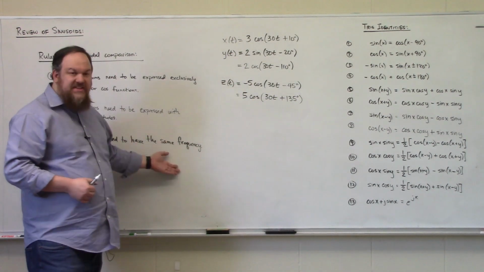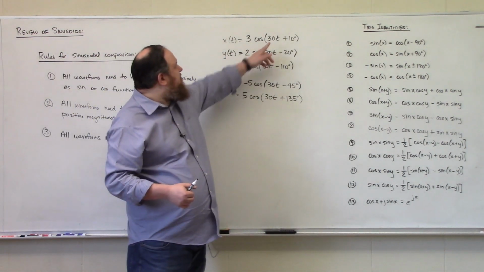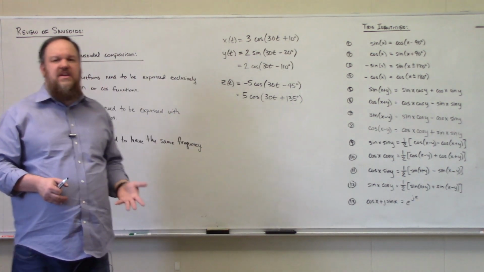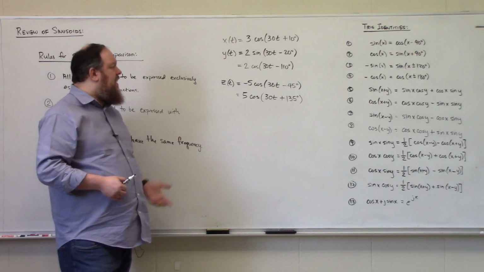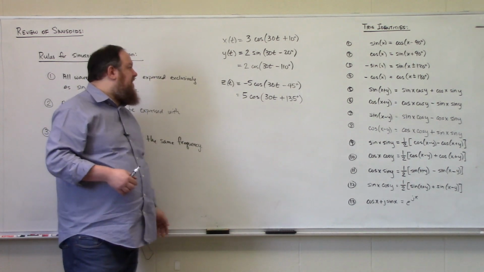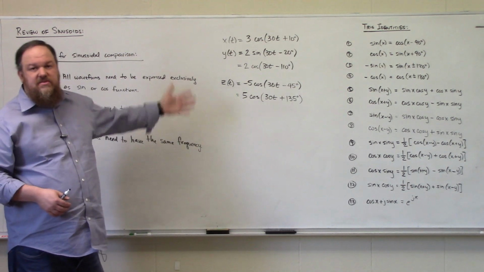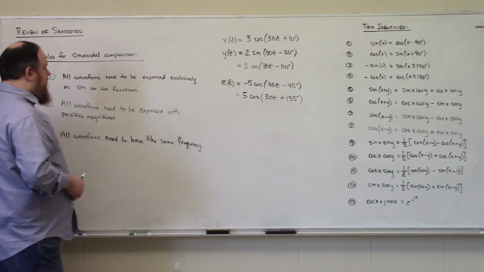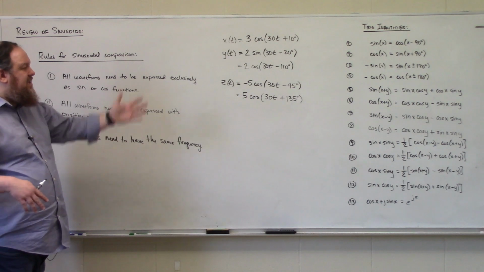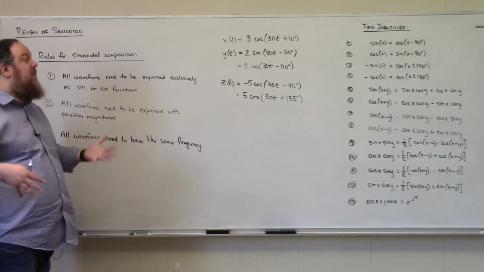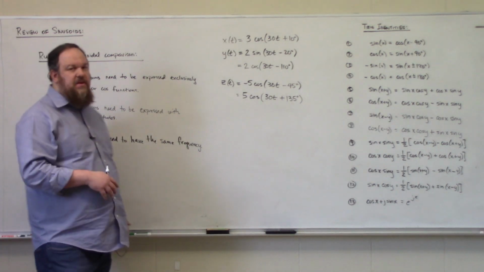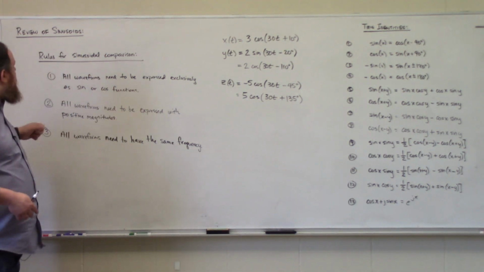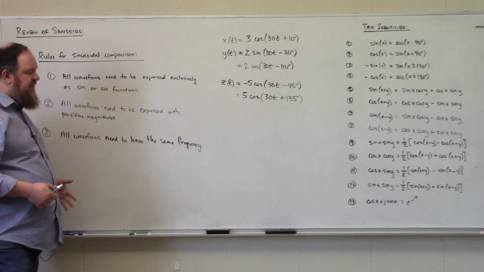So it either matches or it doesn't. Notice that I've expressed all of these with an angular frequency of 30t. They could all be expressed with a linear frequency of 30 divided by 2 pi, whatever number that comes out to be. But the frequencies would match for all of our different sinusoidal functions. Again, there's no trig identity that you're going to find on this list or anywhere, to my knowledge, where you could manipulate the frequency of a sinusoidal function. So these are our 3 rules for comparing sinusoids.